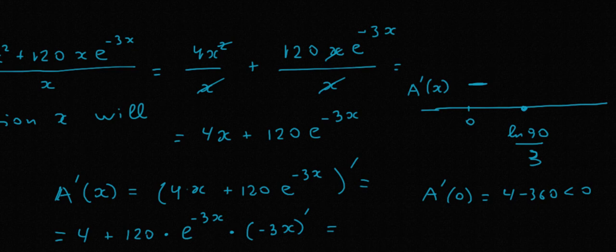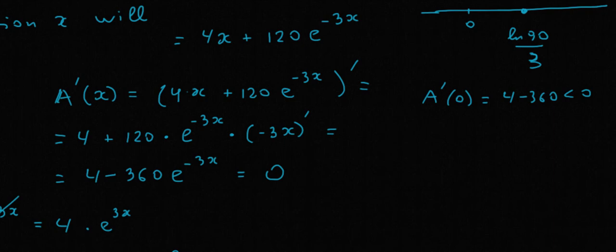On the other hand, if we choose for x a large positive number, e raised to the power negative 3 times that large positive number is going to be really, really small, very close to 0. And therefore, the value of our derivative is going to be positive. You could actually, if you like, use a test point.